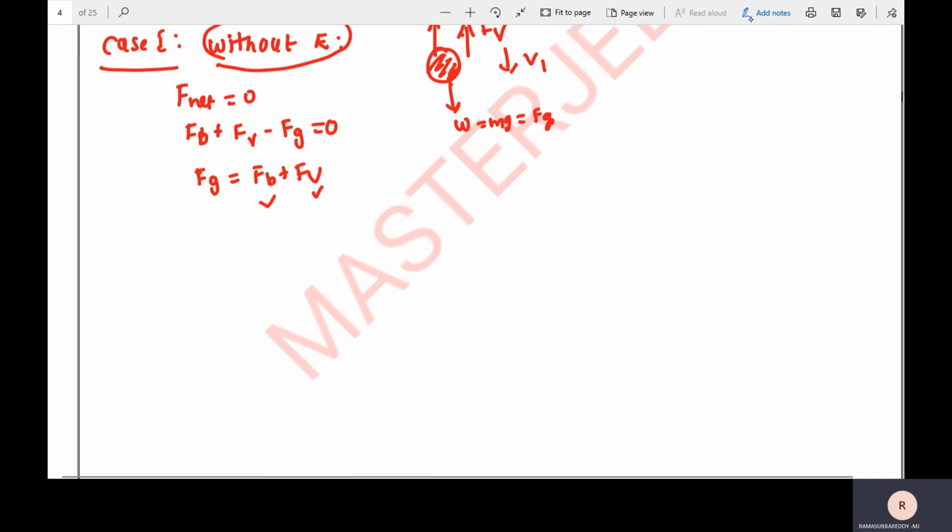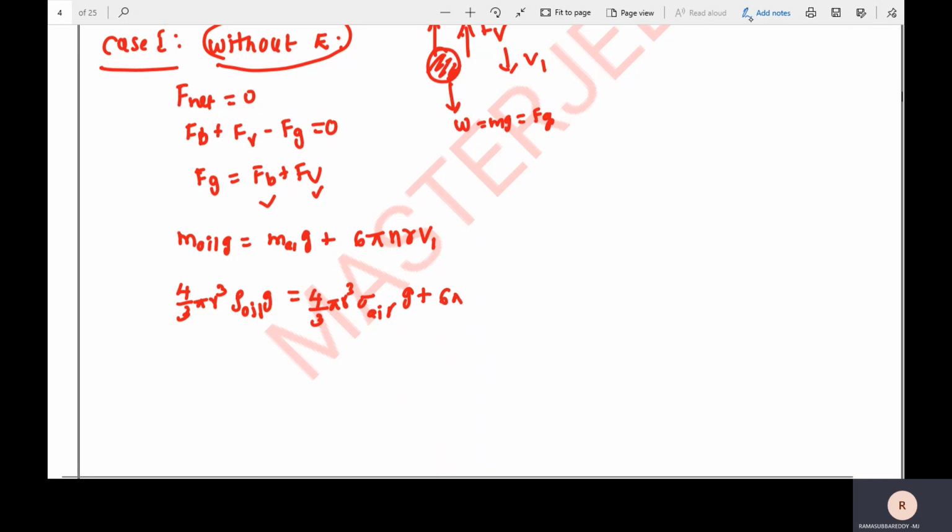Then Fg is equal to m into g, that is mass of oil into g. The buoyancy force is mass of air into g, and the viscous force is 6 pi eta r v1. Writing mass as density into volume, 4 by 3 pi r cube density of oil into g is equal to 4 by 3 pi r cube density of air into g, plus 6 pi eta r v1.